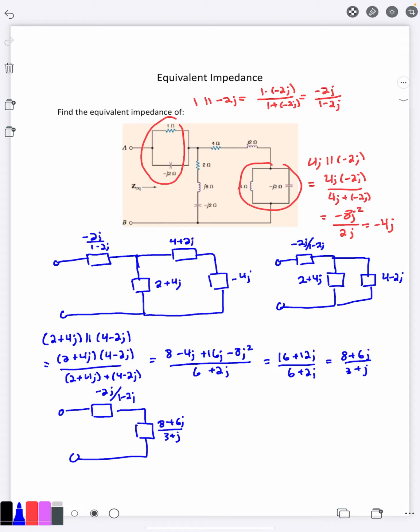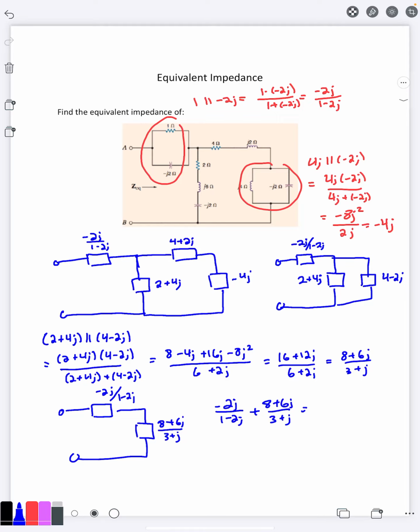And then for the last one, these two are in series. We can add them up. So I would have negative 2j over 1 minus 2j plus 8 plus 6j over 3 plus j. Now we can keep doing the algebra of working that out. I would prefer to use a calculator though.